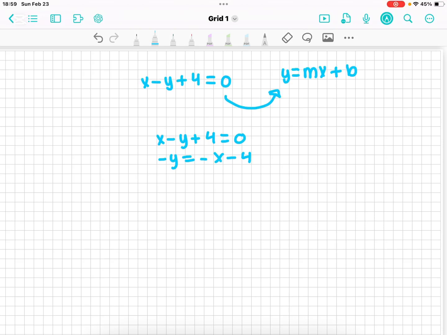That's because we have y be negative right now. The only thing we're gonna do to solve this is multiply everything by negative, and we're gonna have it positive. And now we can clearly see how we turned x minus y plus 4 equals 0 to the form y equals mx plus b, and it turned out to be y equals x plus 4.